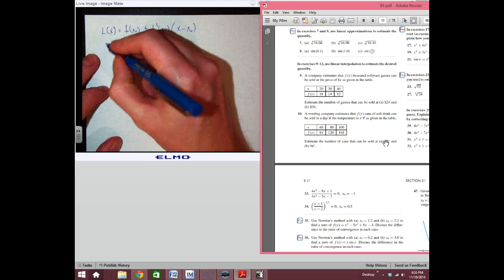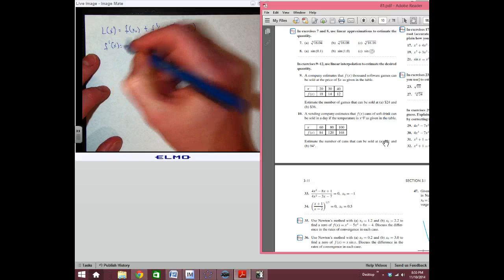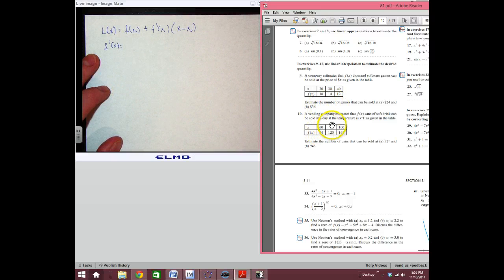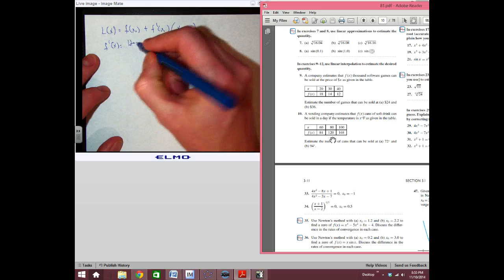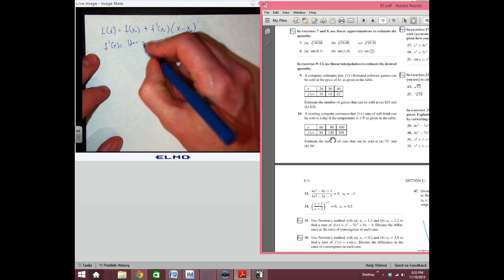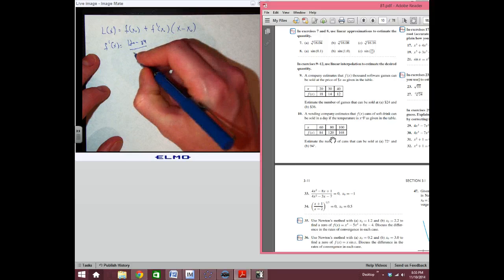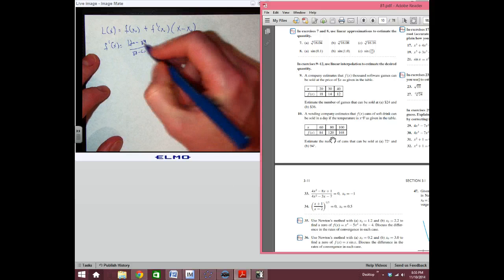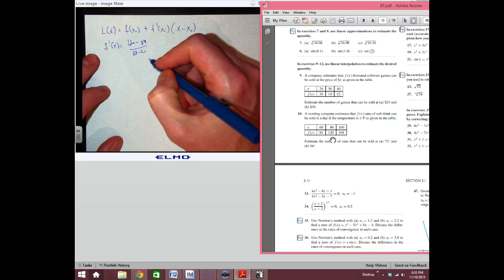So my f prime of x is simply going to be the slope between 80 and 60. Another thing that happened too is some of you did 80 minus 60 over 120 minus 84. Well, that's the change in x over the change in y, really. So we have to flip that. Make sure we do 120 minus 84 over 80 minus 60, so make sure it's the change in f of x over the change in x.